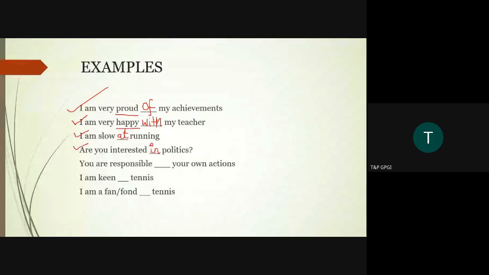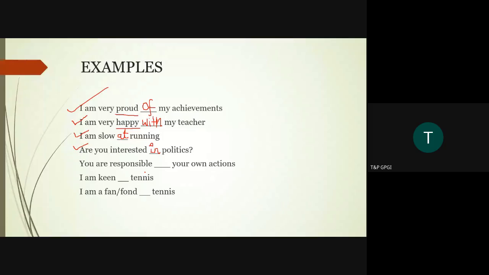All right. Moving on with another preposition. These are the examples of prepositions, teaching you how to use them in a sentence or how to identify them in a sentence. So next one is: you are responsible dash your own actions. Okay, so can anybody guess what preposition will come here? You are responsible dash your own actions.